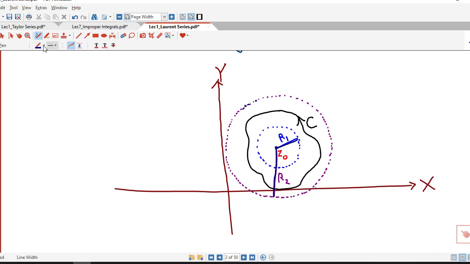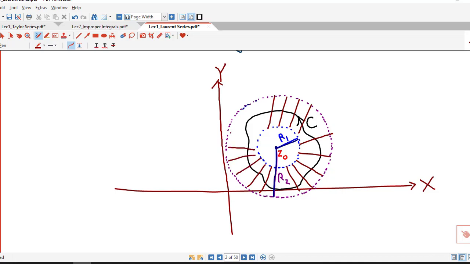So the region between these two circles is nothing but the annular domain, the region between two concentric circles. The inside circle has radius r1, the circle outside has radius r2.